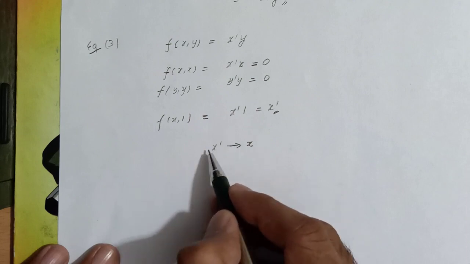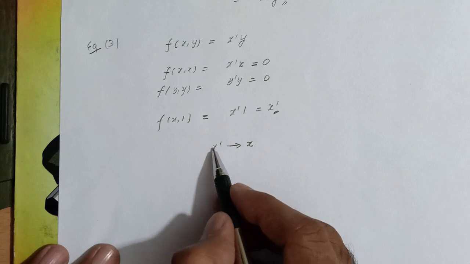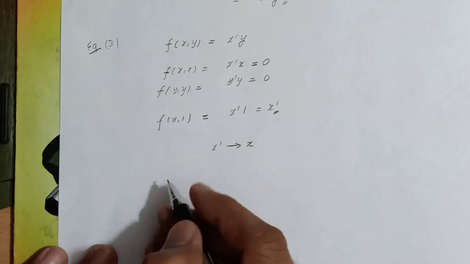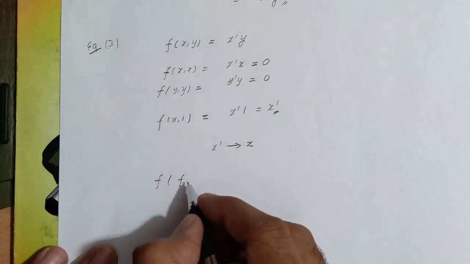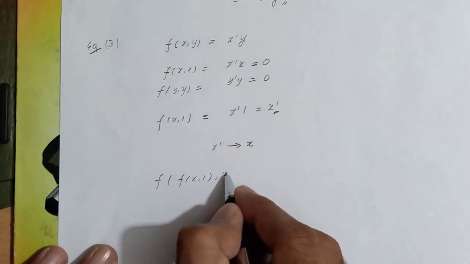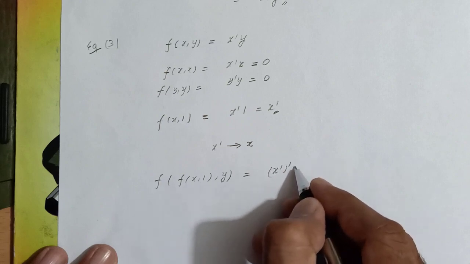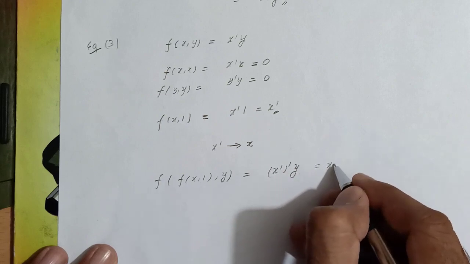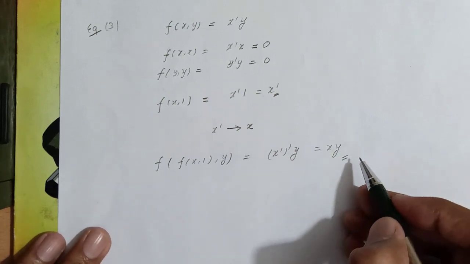How we can make x dash as x? If we somehow make x as x dash. Okay, so we will try to calculate f of x comma 1 and then y. It will be x dash dash into y, which is xy. So clearly we are able to generate AND operation here also.